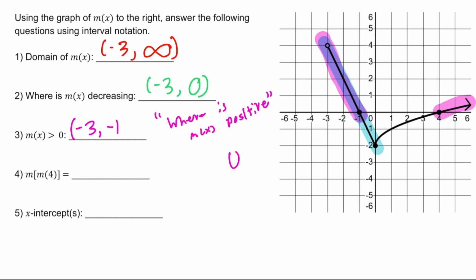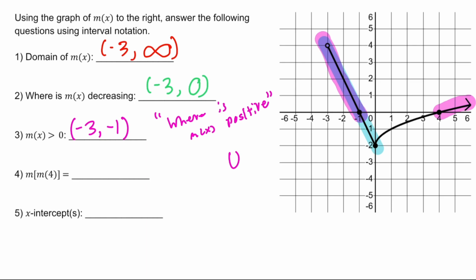And then again, are we going to use parentheses or brackets on -1? If I'm asking you where the function m of x is positive, are we going to include or exclude -1? Good, we're going to exclude it, right? Because if we're on the x-axis, we're at y equals 0, or m of x equals 0. That's not positive or negative.